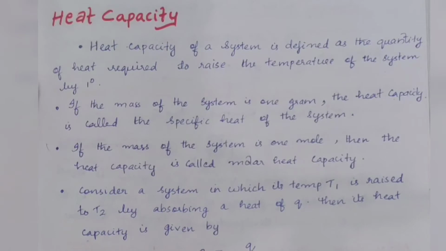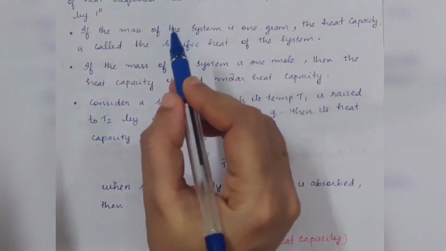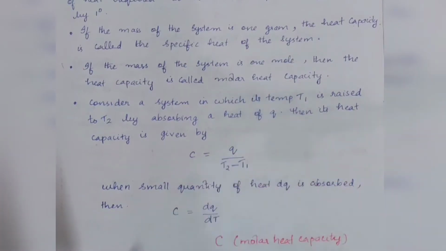Heat capacity of a system is defined as the quantity of heat required to raise the temperature of the system by 1 degree Celsius. Another two quantities are the specific heat of the system and the molar heat capacity of the system.